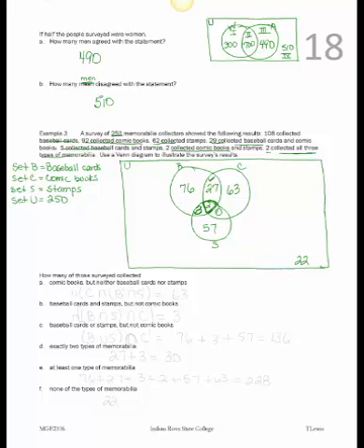All right, so we have all of the information that we need to answer letters A through F. Part A, how many of those surveyed collected comic books, but neither baseball cards nor stamps?